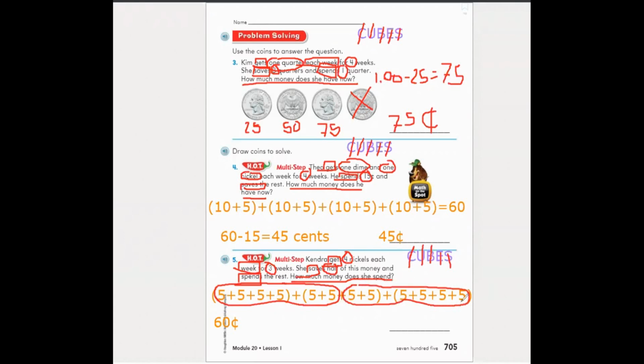So she spent 5, 10, 15, 20, 25, 30, or half of 60. Half of 60 is 30 cents. So the answer here is 30 cents. She saves 30 and she spent 30.